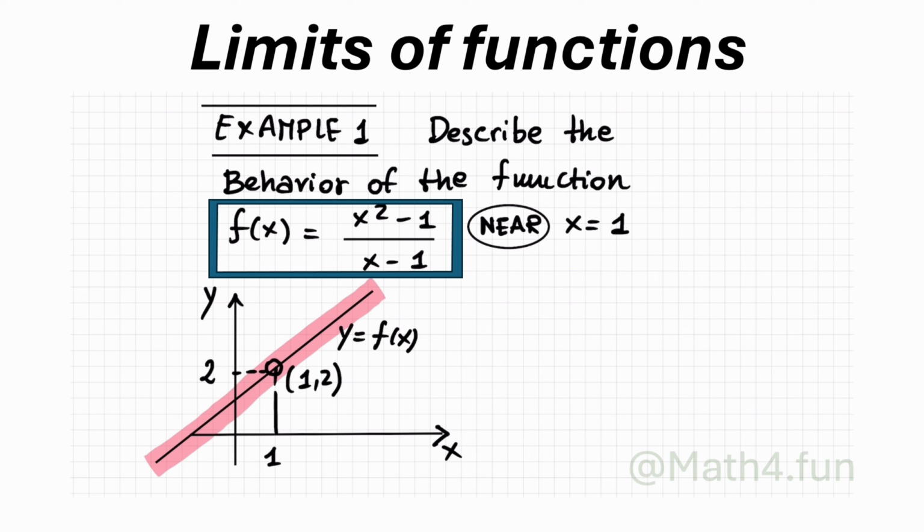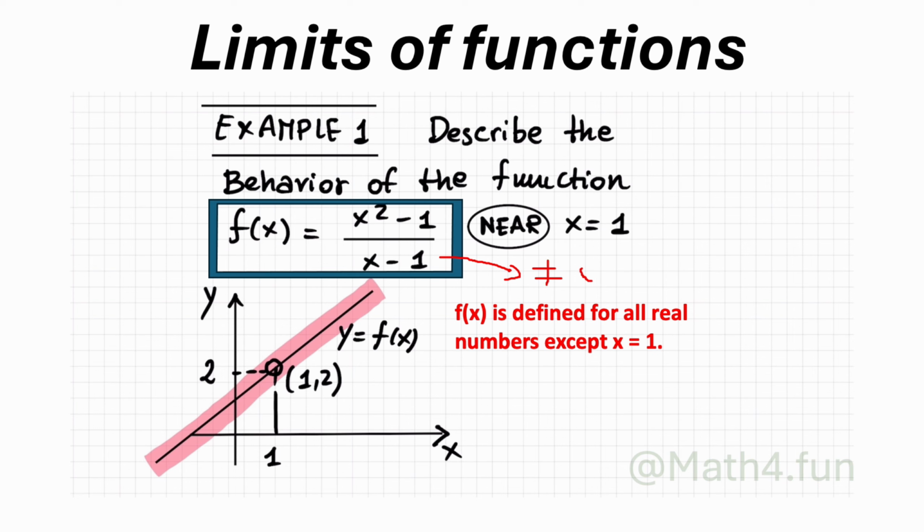Well, this function is defined for all real numbers except x equal to 1. This is because this quantity has to be different from 0, so x cannot be 1.